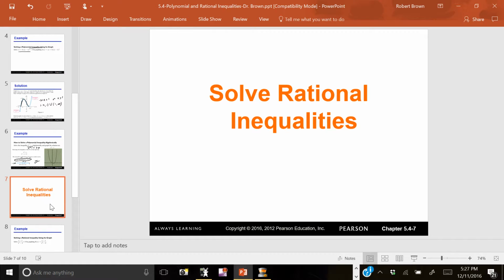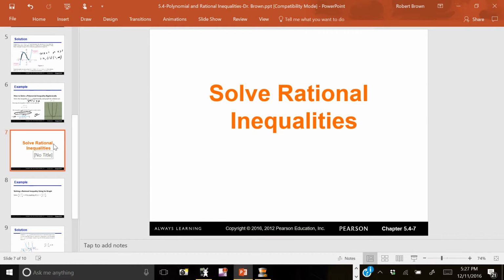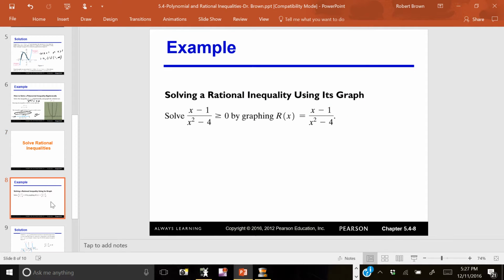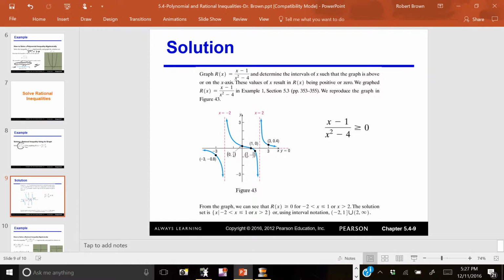So using the same techniques we use to solve polynomial inequalities, we can solve rational inequalities. Suppose we wanted to solve (x minus 1) divided by (x squared minus 4), find out when it's more than or equal to 0. Let us graph the inequality.